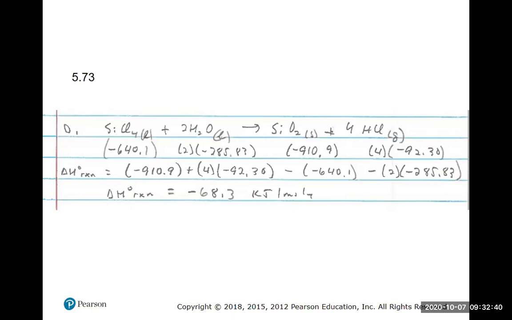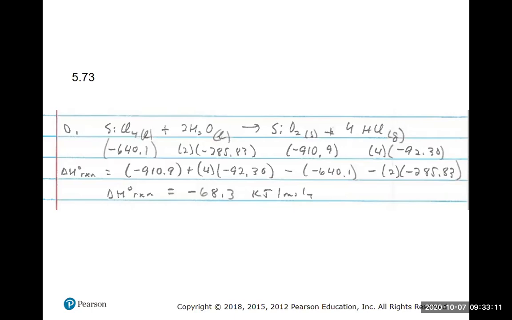Remember in the formula, there was n and m, and those are the coefficients for the compounds. So for delta H reaction, it's products minus reactants. So I take minus 910 plus 4 times minus 92.3, and then subtract from that the reactants, which is minus 640.1 and 2 times minus 285.83.